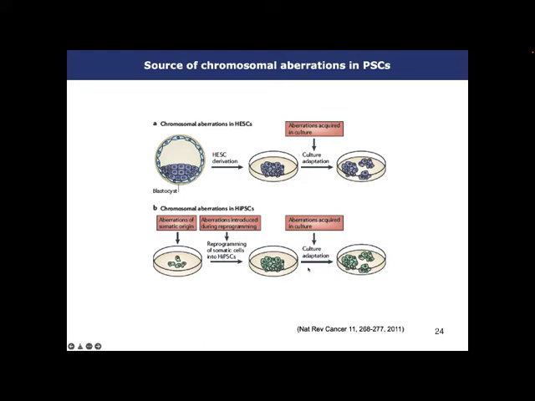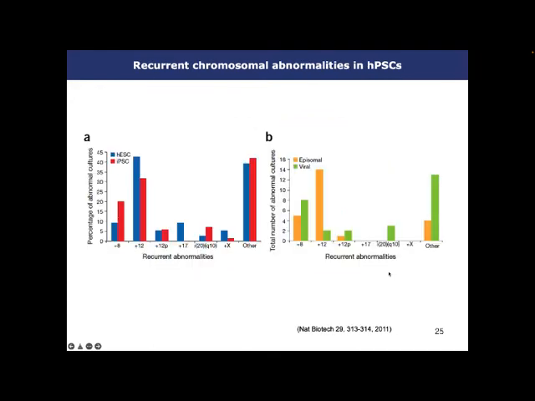And also the long-term culture for isolation of the colonies or adaptation of culture has a risk of generating aberrations acquired in culture. So in multiple ways, this chromosomal abnormality or genetic mutation is generated. So we need to be very careful to identify the good colonies, and genomic integrity needs to be examined every time we generate induced pluripotent stem cells.